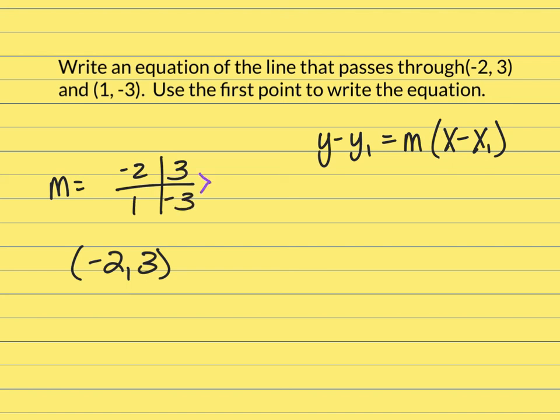So I'm going to find my slope here by doing my change in y, which happens to be -6. Change in x would be what? +3. So when I write my slope, I have -6 over 3 or -2. Now I have everything I need.